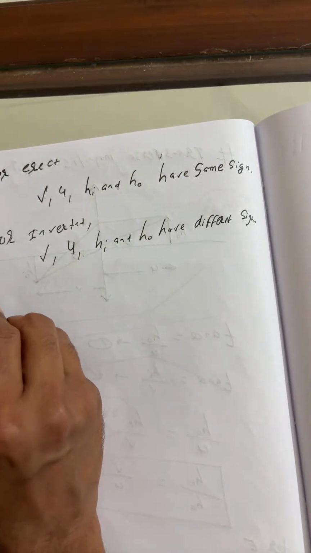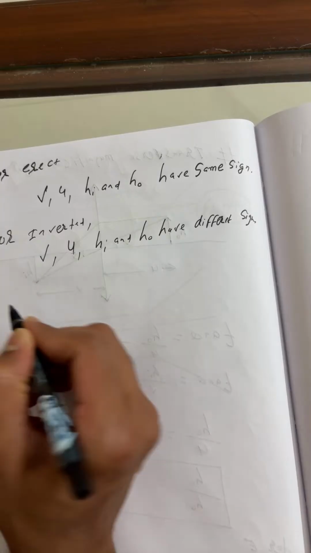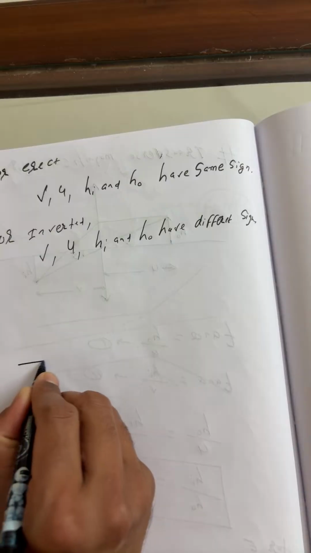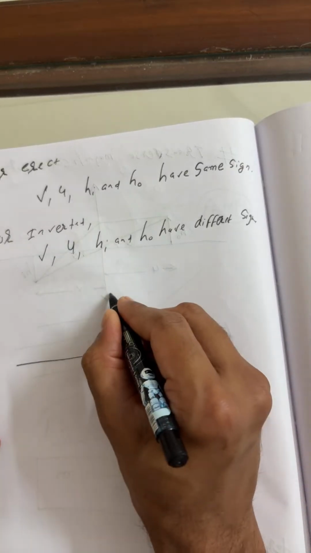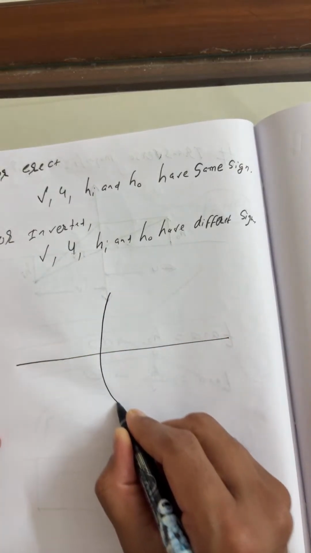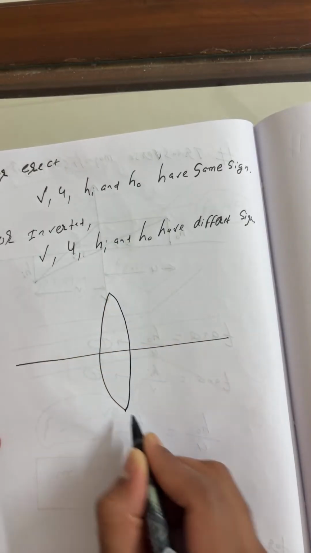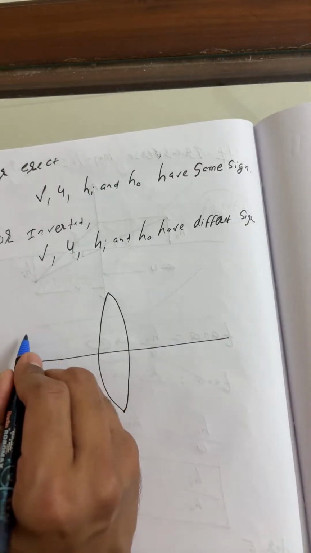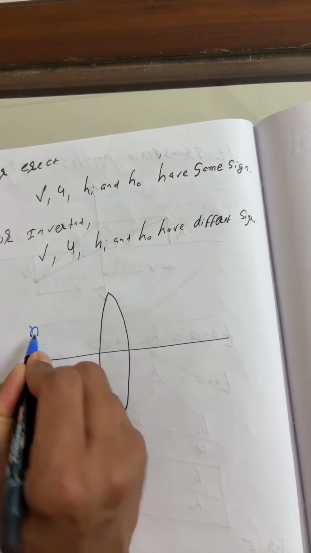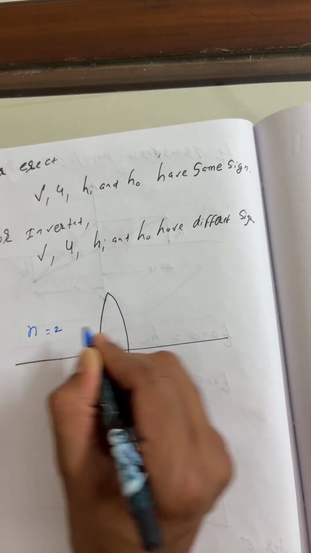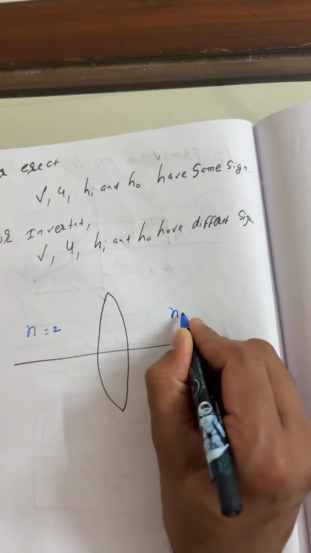Okay, now students, let us say this is the principal axis. Here I'm considering a biconvex lens, right? One thing, you can take the refractive index of the environment as 2, n is equal to 2, my dear.